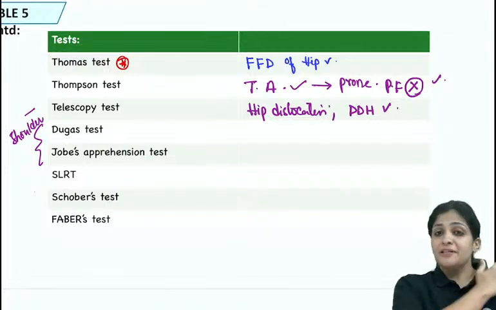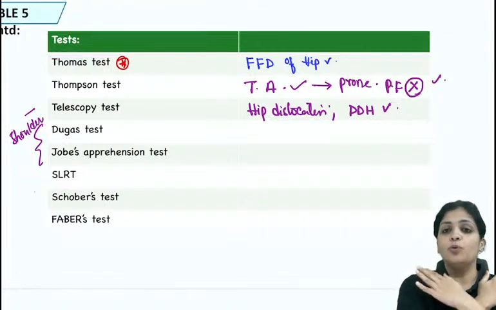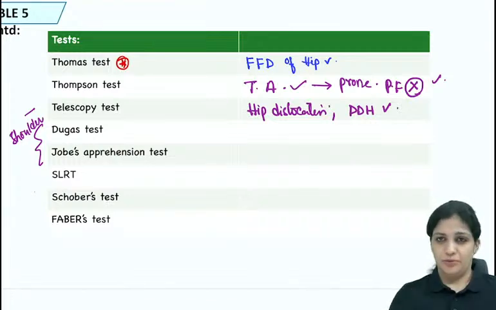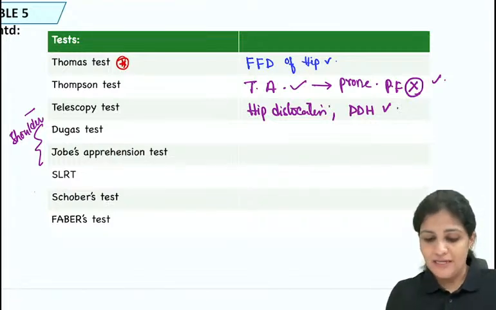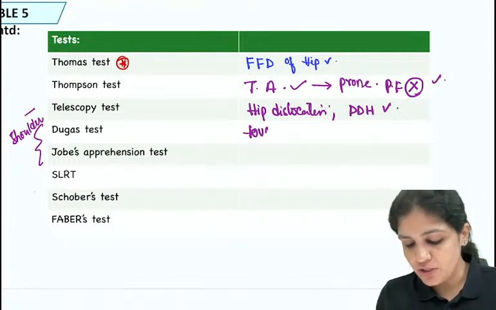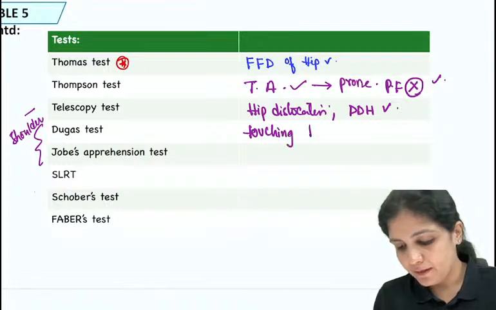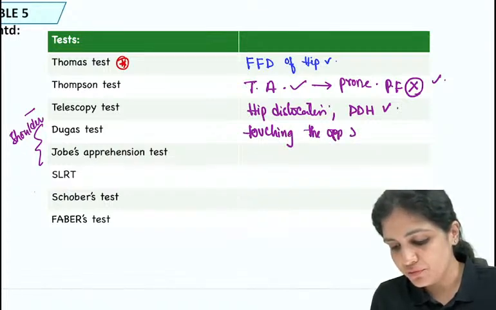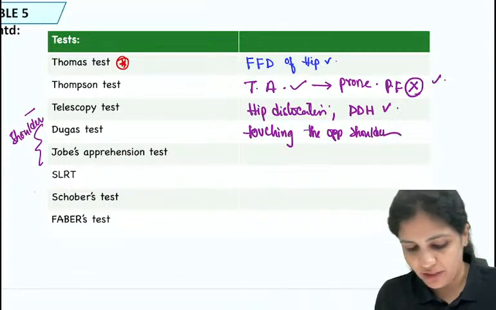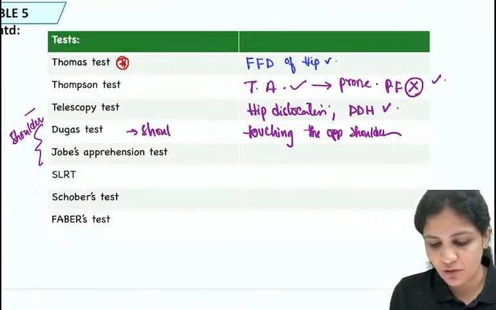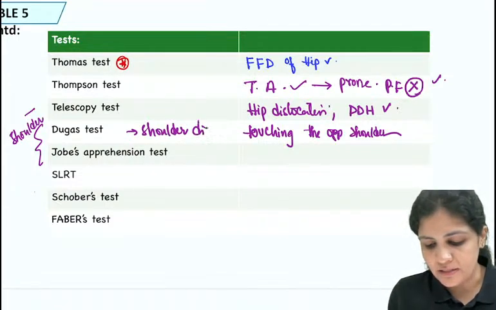So once if the patient is able to touch the opposite shoulder, you can rule out the anterior dislocation, right? So that is your Dugas test, touching the opposite shoulder. It is mainly seen in case of your shoulder dislocation. So Dugas test is for your shoulder dislocation, right?